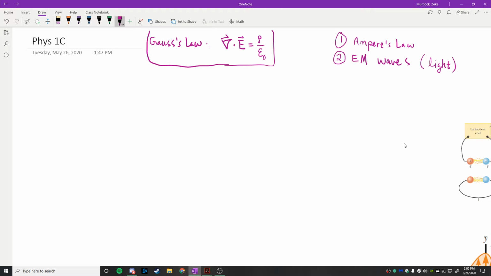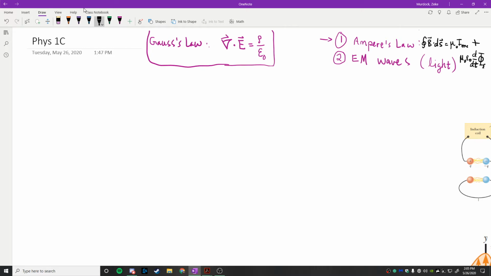We derived how this worked, right? Gauss's law. And we want to do the same thing now for Ampere's law, okay? To remind you what Ampere's law states: the integral of the magnetic field around some loop is equal to mu naught multiplied by the current enclosed by the loop that you traverse, plus another term, mu naught times epsilon naught times the time derivative of the electric flux.